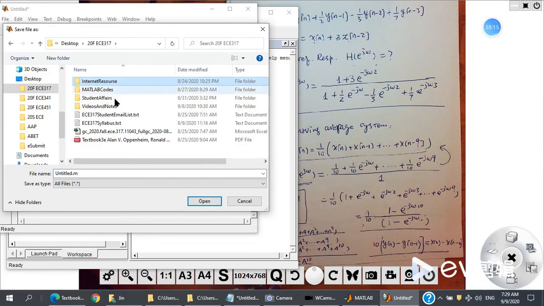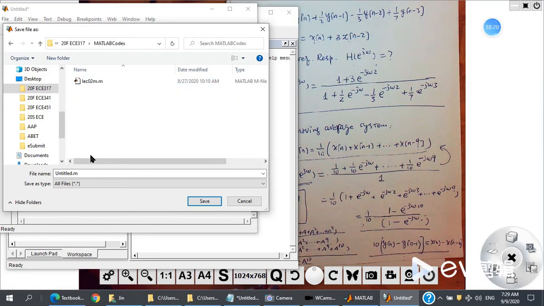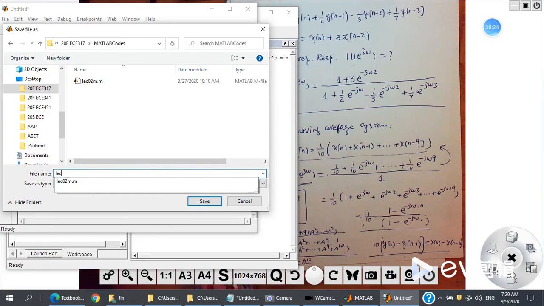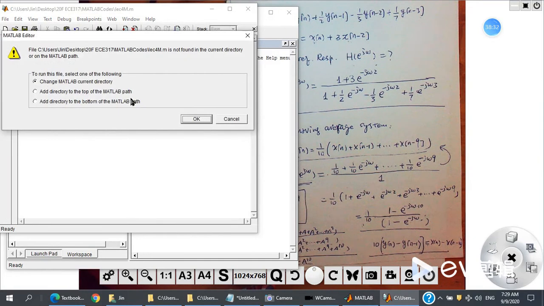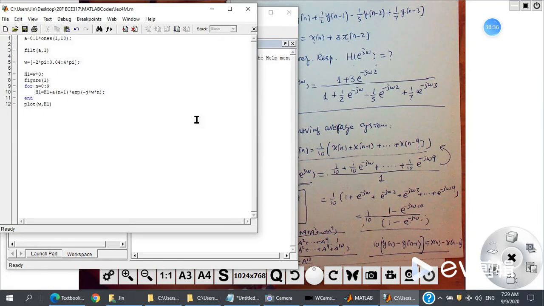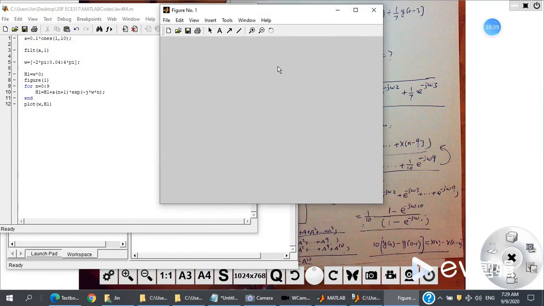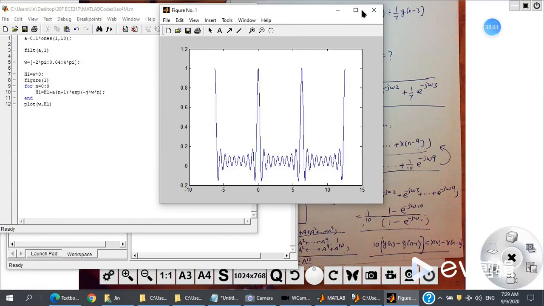I have a folder with codes, my lab code. I already have lecture 2. This is lecture 4, Monday, right? I add this directory to my lab path. Okay, we have this one.